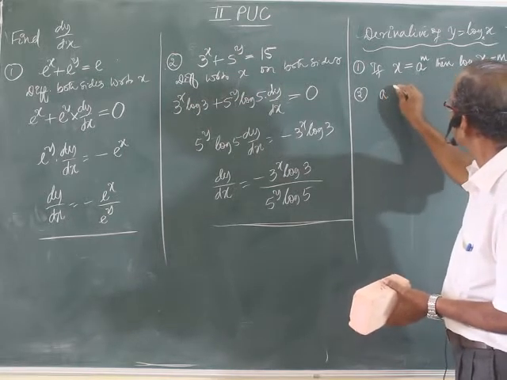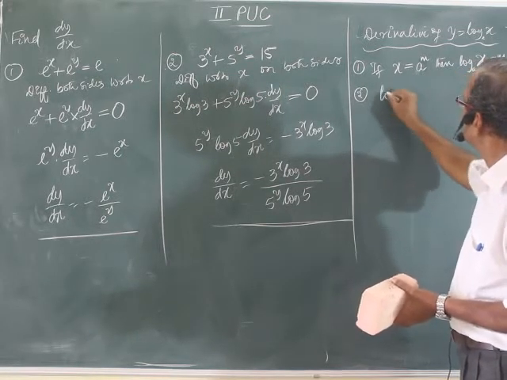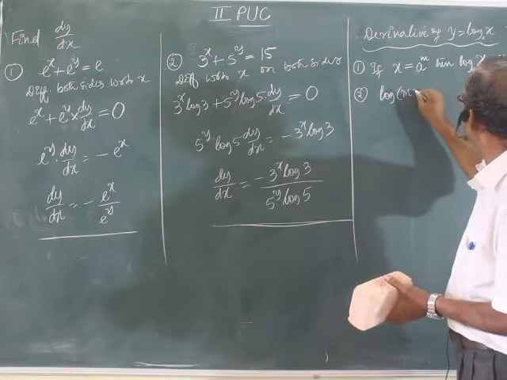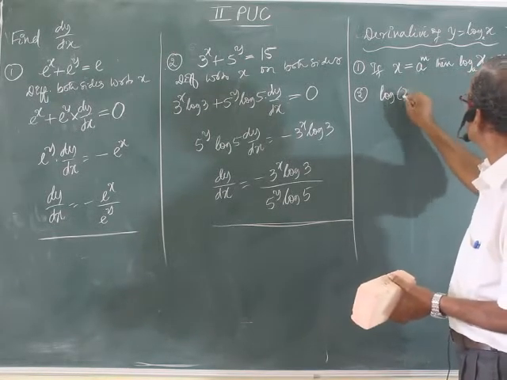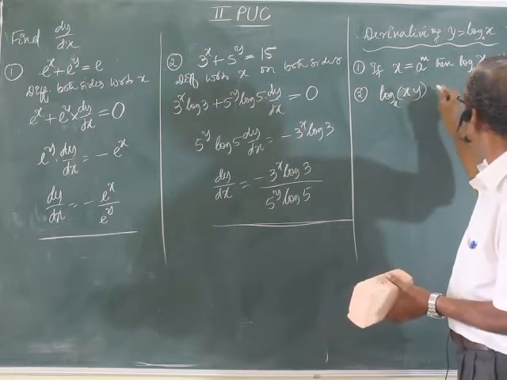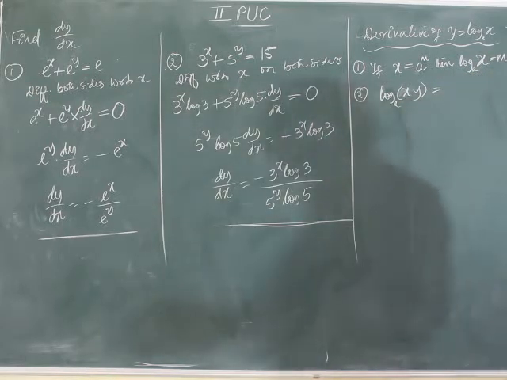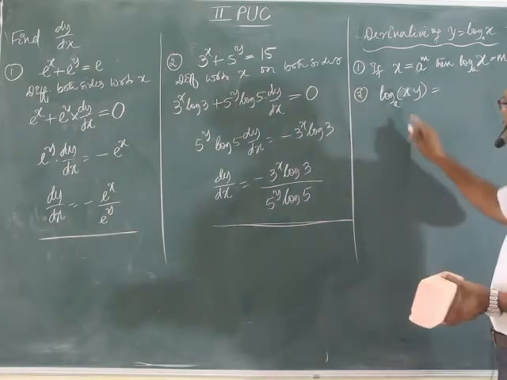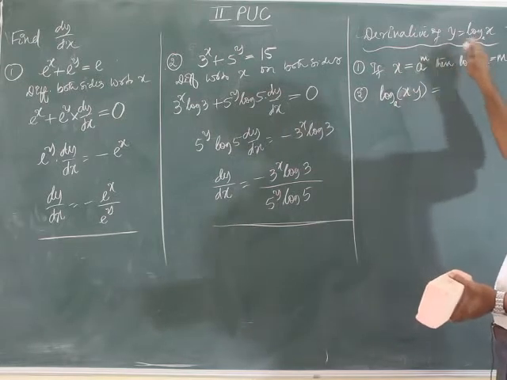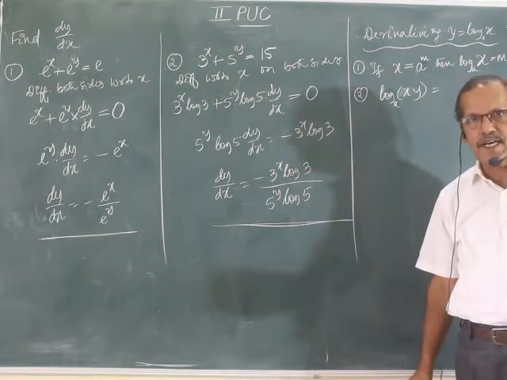Log of x into y, base a. All the things you have done are studied in the previous classes. Even then, since it is the log function, let me write the properties once again.